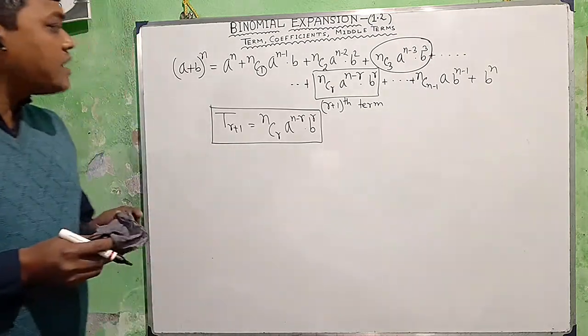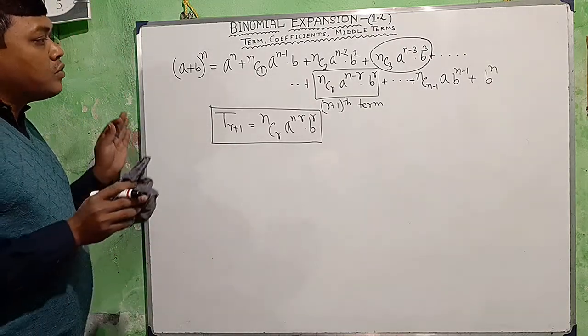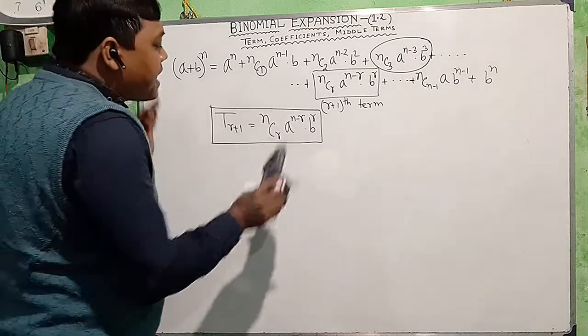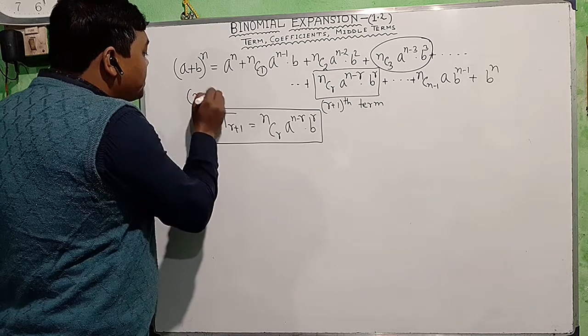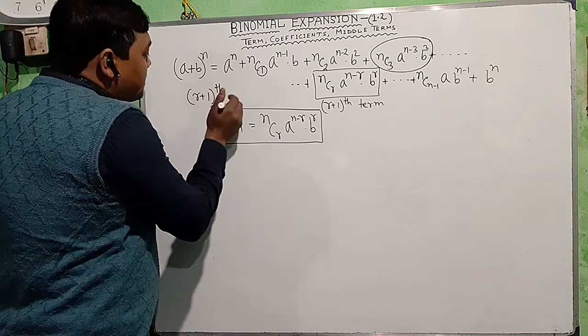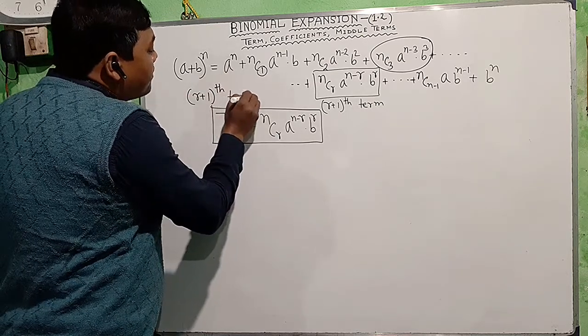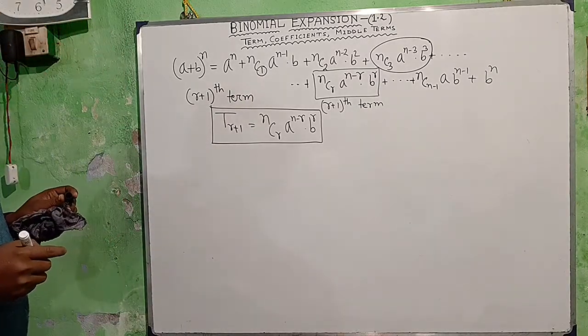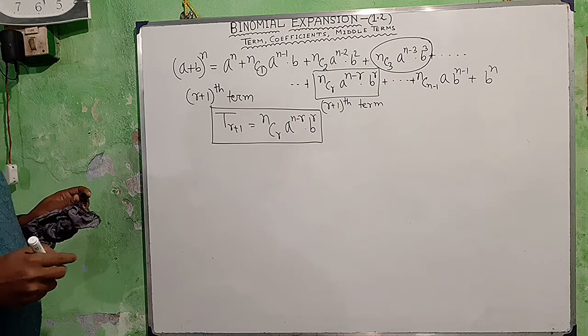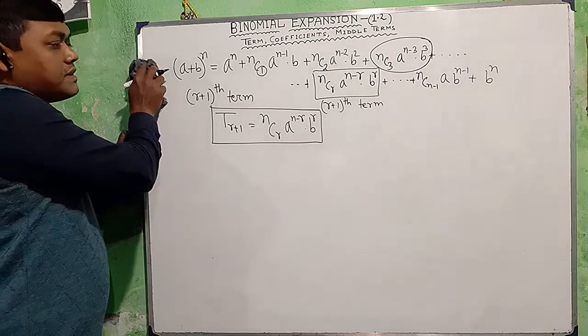The first problem: you write down this expansion, and also the (r plus 1)th term. I repeat this expression: T(r plus 1) equals nCr a to the power n minus r into b to the power r. Now I erase this part.